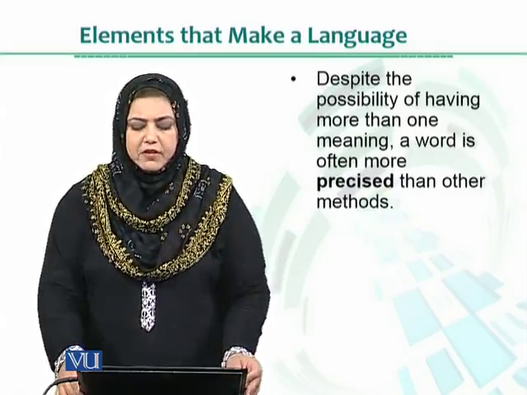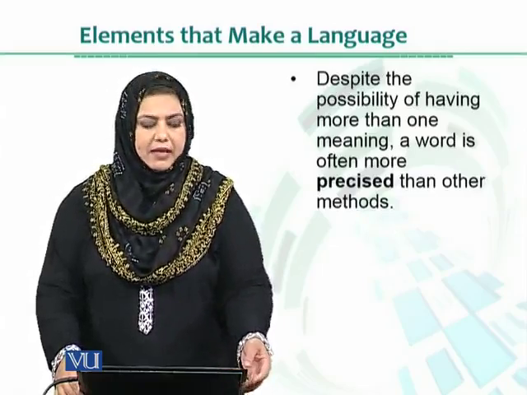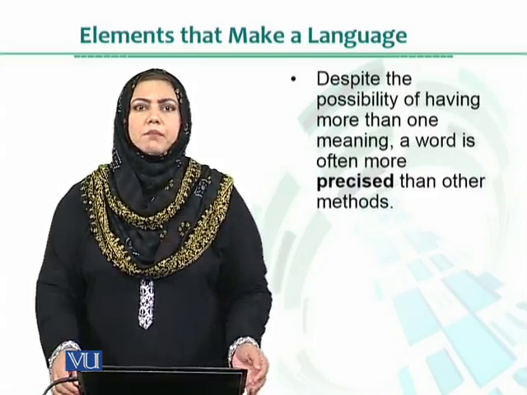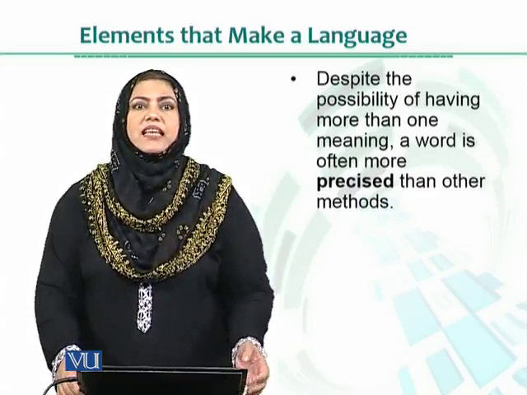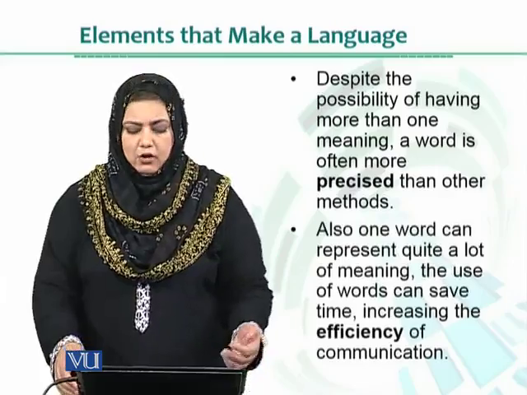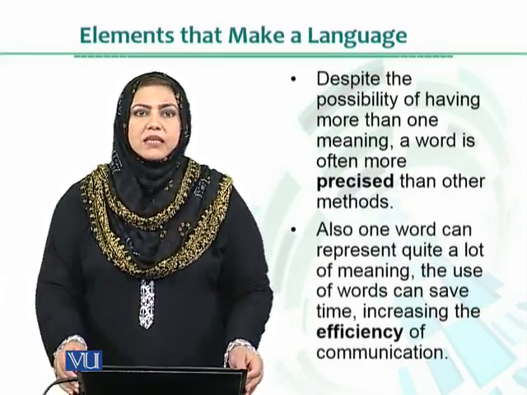Despite the possibility of having more than one meaning, a word is often more precise than other methods. I would give you the example of an abstract idea, for example, honesty. Now, this one word can convey a lot of meaning associated with it, which cannot be conveyed easily otherwise.